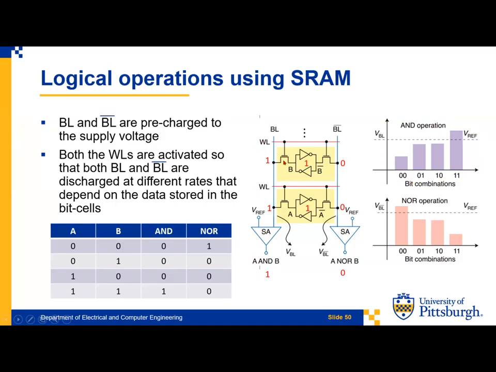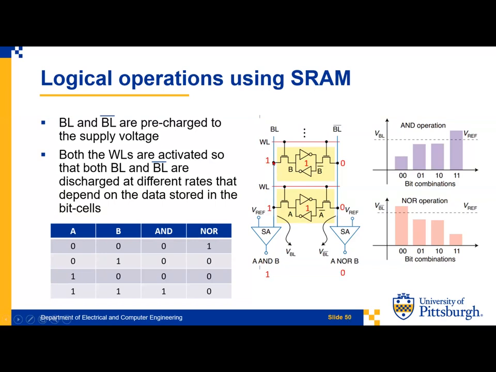The word line will be turned on, and if the bit line discharges very quickly, it means the result is 0.